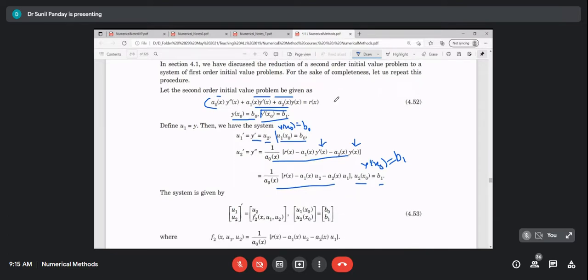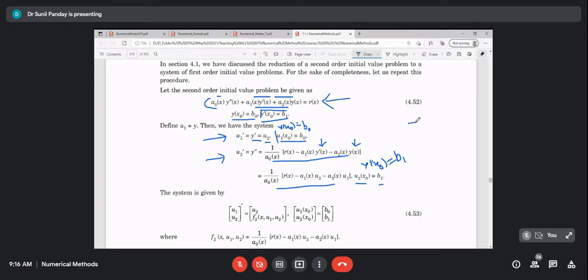So you can see that from a second order differential equation, we have obtained two first order equations in two variables, one is u1 and another is u2.